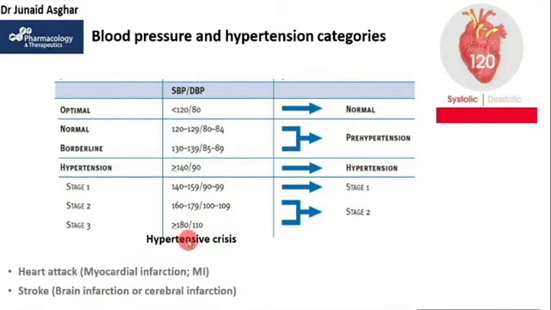Over time, the damage caused by persistently high blood pressure, if left untreated, could lead to heart attack or myocardial infarction, or MI, and also stroke, or brain infarction, or cerebral infarction.